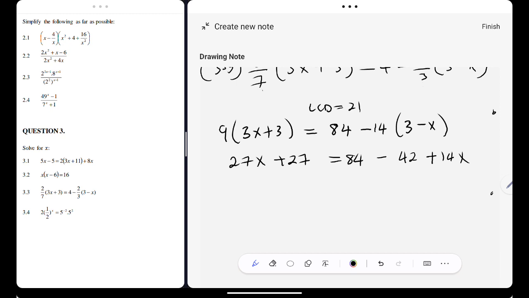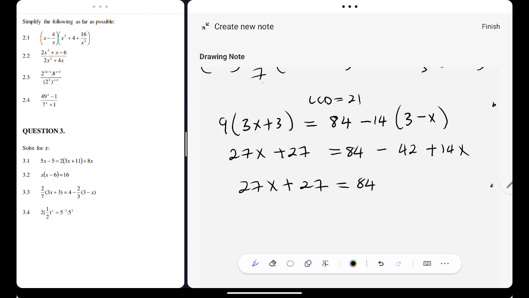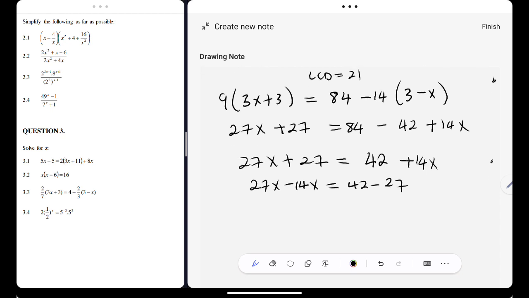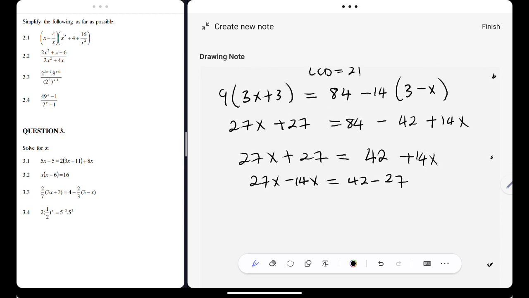Add together. So in this side I have 27x plus 27 is equal to 84 minus 42 plus 14x, and then I'll have 27x minus 14x is equal to 42 minus 27. Together.